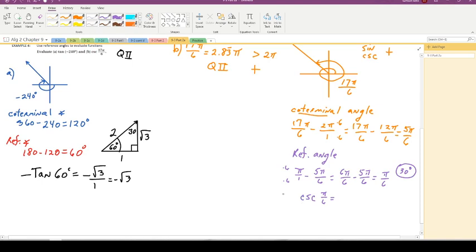The sine of 30, we know, is 1 over 2, and we already know it's positive. The reciprocal of sine of 30 is 2 over 1, which is just 2. So my cosecant of pi over 6 is just 2.